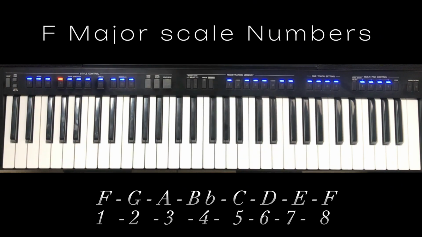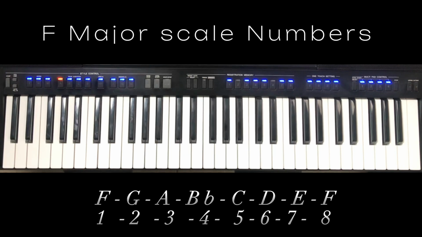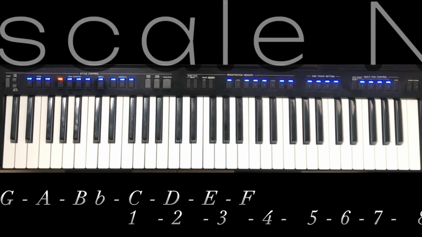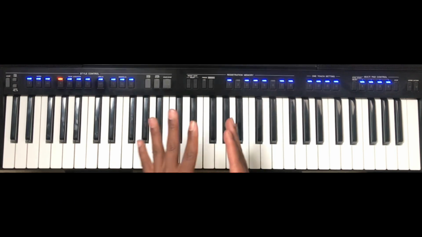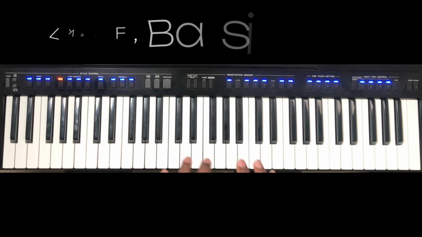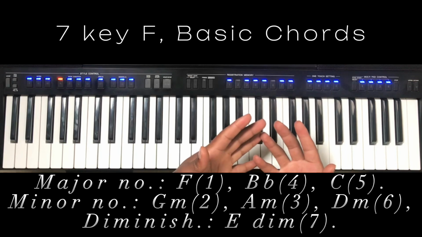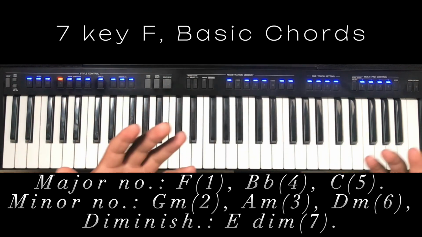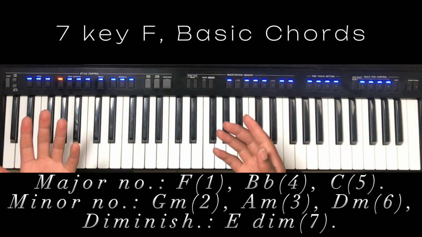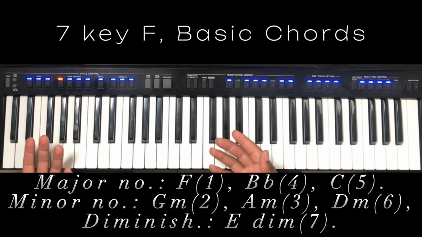Now, what is the next thing we're going to do? We are going to identify the chords of those notes. So, in a scale, there is an arrangement whereby certain numbers of a scale are major chords, and the others are minor, and the other one is a diminished 7.